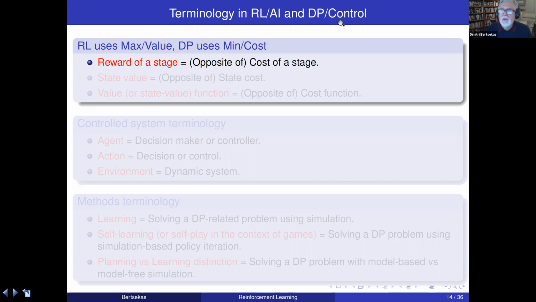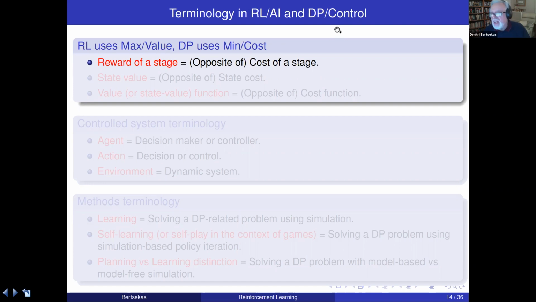I'll use the notation, the language, and the mathematical style that's used in that community. If you look at the reinforcement learning papers in the literature, you'll see that they use different terms. So let me provide you some kind of translation glossary.